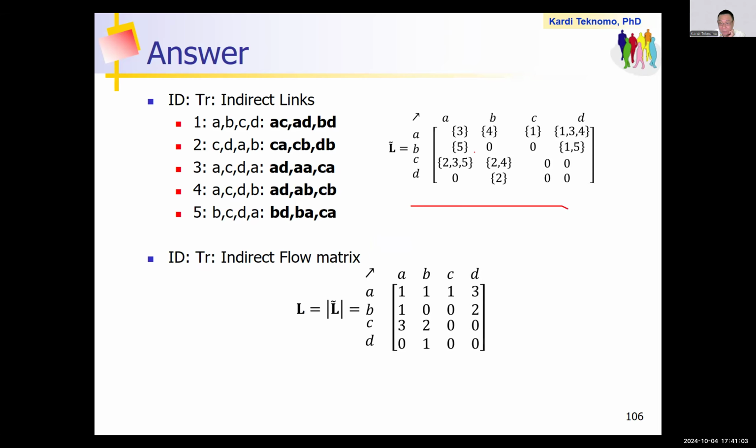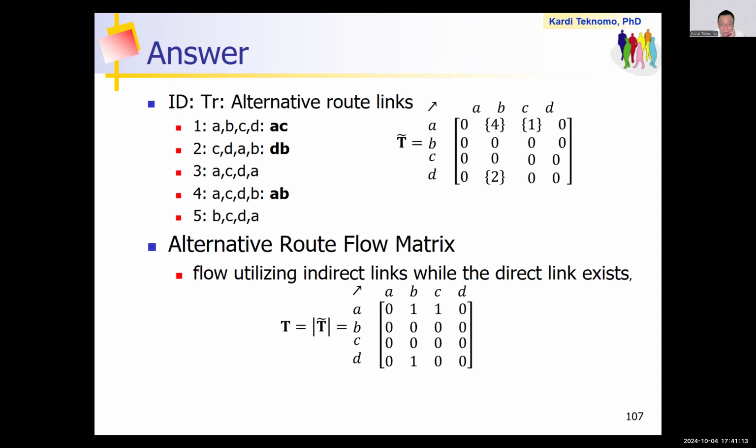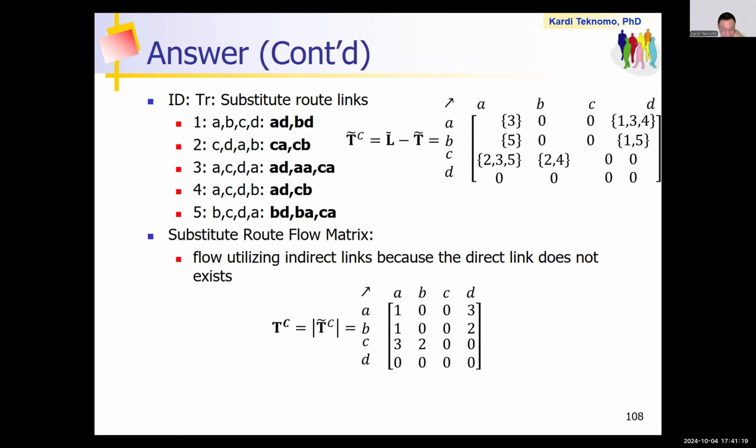From the matrix set, you can create the count with this indirect flow matrix. And from there, you can also get the alternative route links and the substitute. Is there any question up to here?